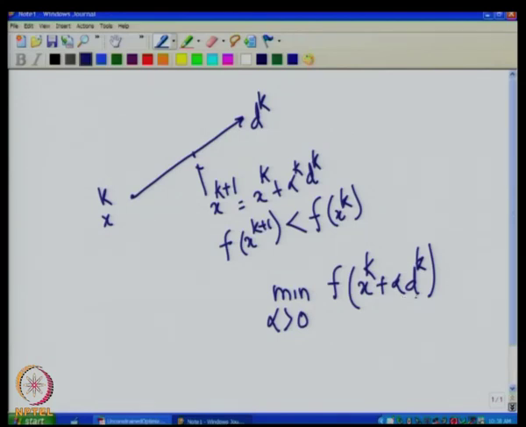Along this direction, d k is a descent direction, so we can always find some alpha such that this quantity is minimized. If we take the argmin of that, then what we get is alpha k. So, alpha k is nothing but argmin over alpha greater than 0 of f of x k plus alpha d k. Now let us define this quantity as a function of alpha. Remember now that x k is fixed, d k is fixed, and alpha is a variable.